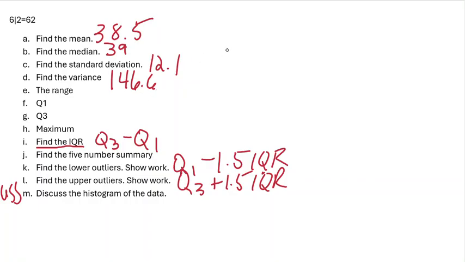The range is the largest piece of data minus the smallest, so 62 minus 18 comes out to be 44.